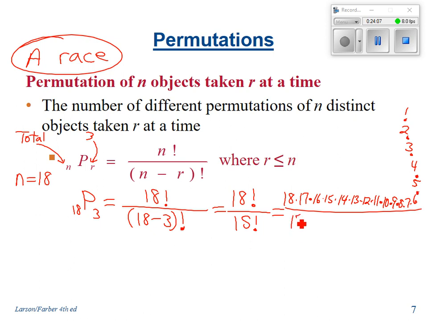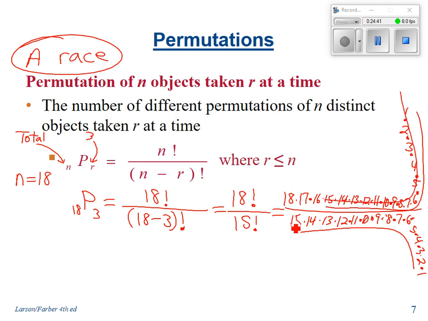On bottom. Is there really any reason to write all those out? When you look at this, what's going to happen with all of this and from 15 down that way? They're all going to cancel out.